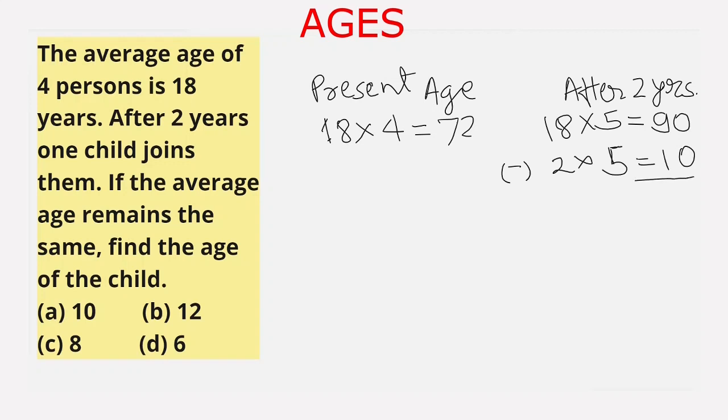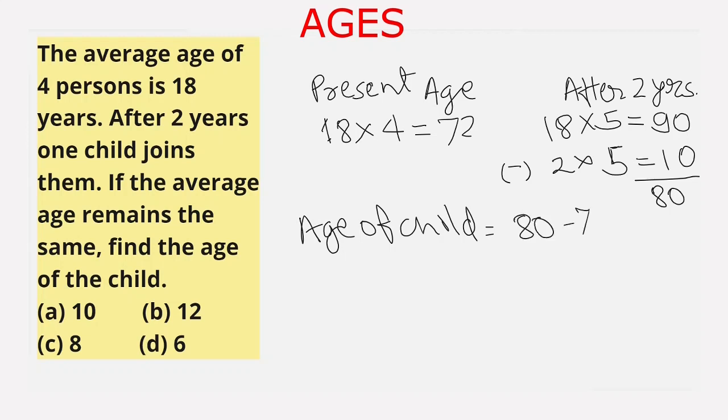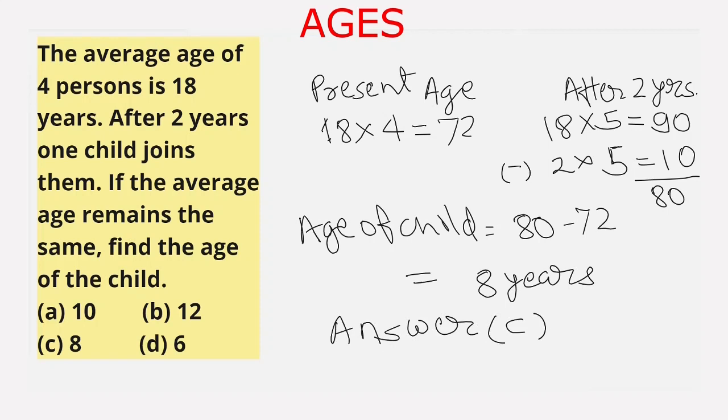And if we subtract 10 from 90, we get the present age of all those 5 persons is 80. So the present age of child is 80 minus the age of other 4 persons, which is 72. 80 minus 72 equal to 8 years. That is the present age of the child. And from the given options, our answer is option C. Hope you have understood the solution. We go to the next question.